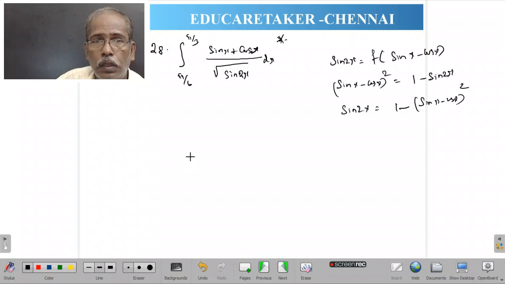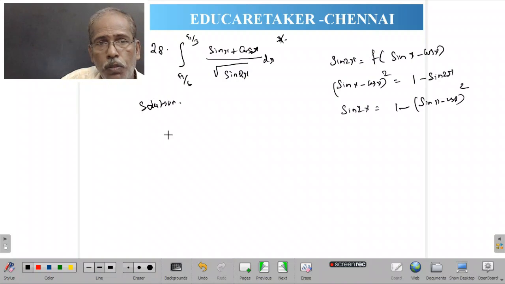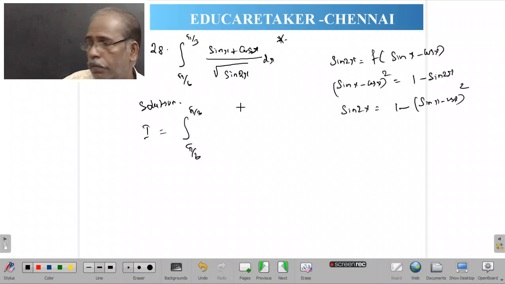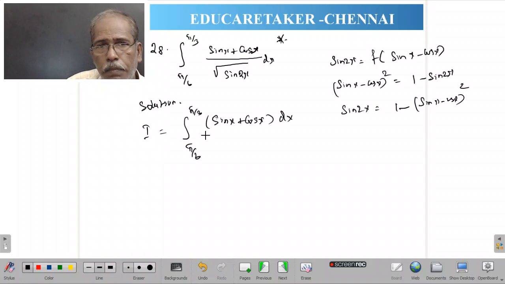Okay. Then how to restructure the given question? I equals the integral from pi by 6 lower limit to pi by 3 upper limit of sin x plus cos x dx in the numerator, and in the denominator inside the square root, 1 minus (sin x minus cos x) the whole square should be taken.